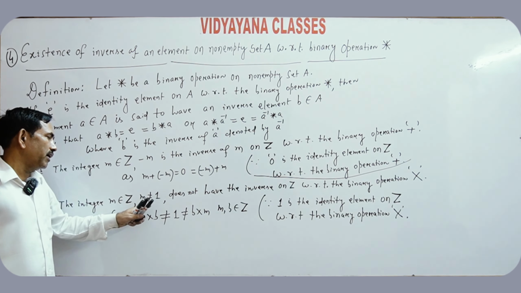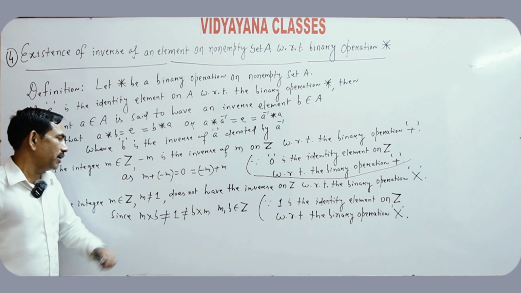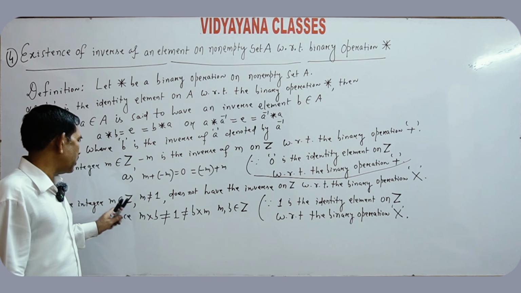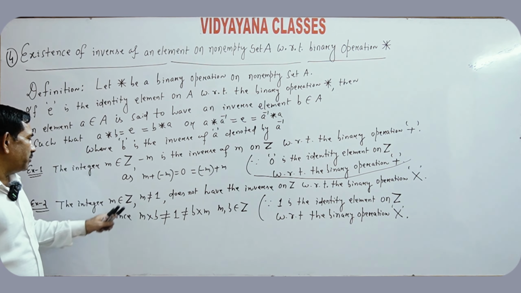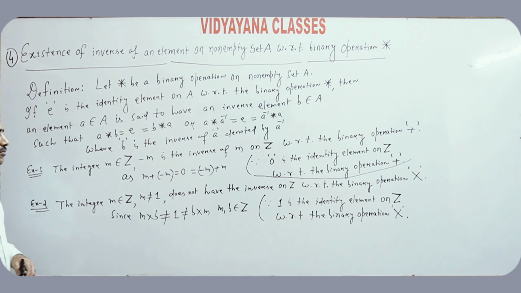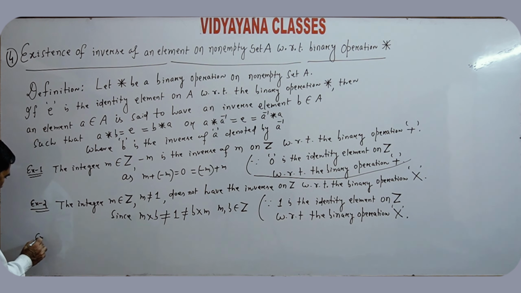Here it is given by m not equal to 1. Since m into b not equal to 1, b into m not equal to 1, the inverse of m does not exist on the Z set, that means set of integers with respect to the binary operation multiplication. Clear? Example.